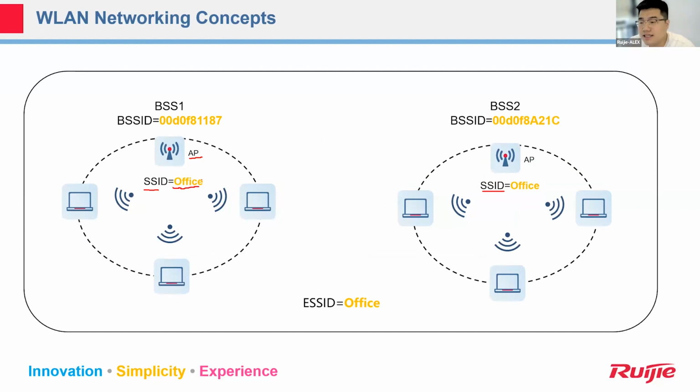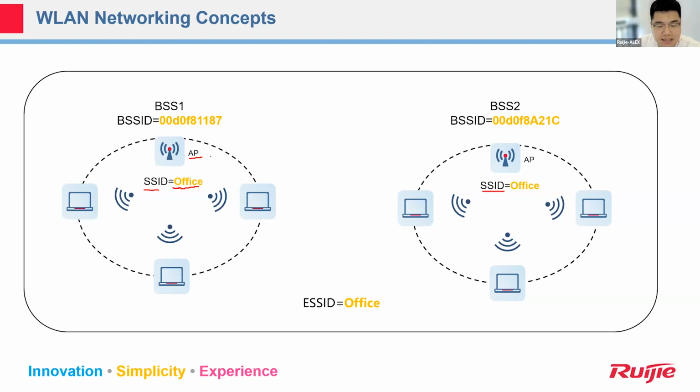The SSID is the name of the wireless network. For example, if you set the SSID to be office, you can use your mobile to search the WLAN, and you can find that there is a Wi-Fi whose name is office. So SSID is the name of the wireless network.